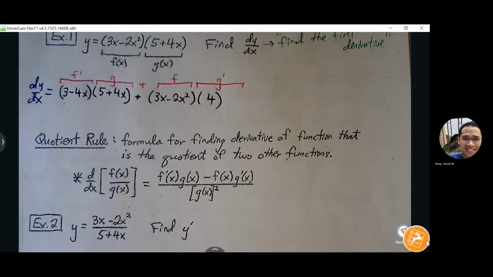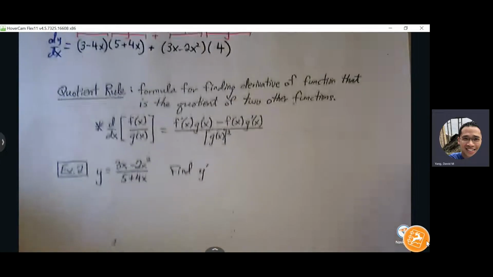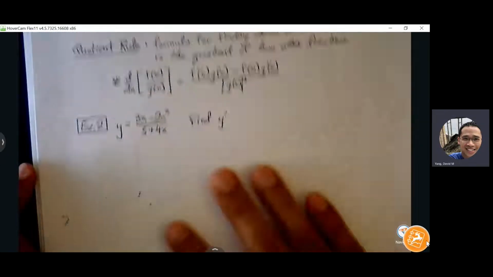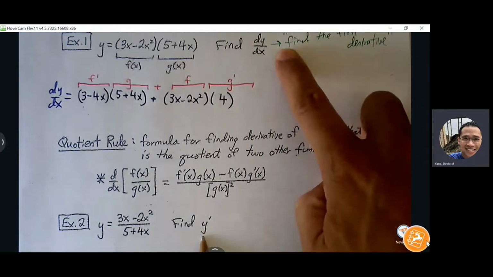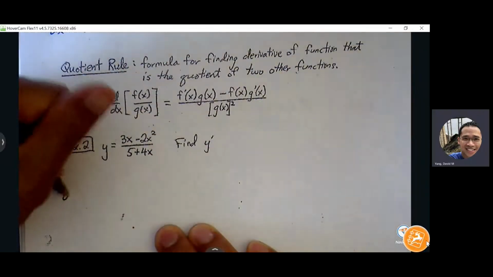Okay, so let's do example 2 and see if this formula makes sense. So it says find y prime. That's just y prime, dy/dx. They all mean the same thing. They just mean find the first derivative. So y prime equals.